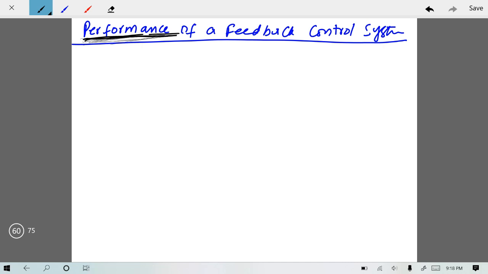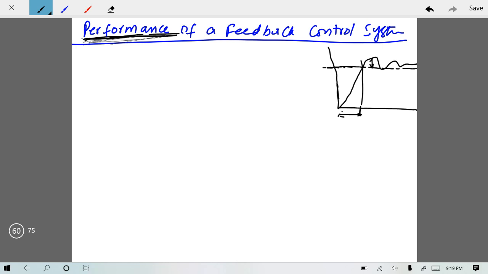So similarly, for systems we have multiple types of performance criteria. Earlier, I gave you a brief introduction of the performance of a system in my first or second lecture. For example, if I have a system whose response looks like this, then there is a time, this is the time it takes to reach a certain level, and these are the ripples or overshoots.